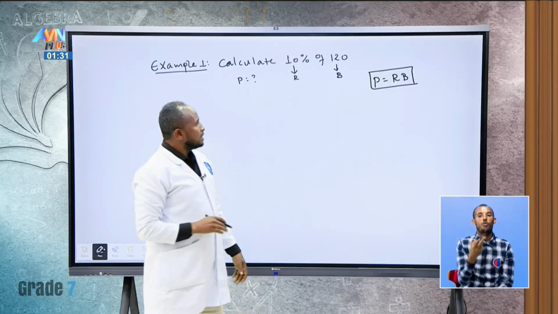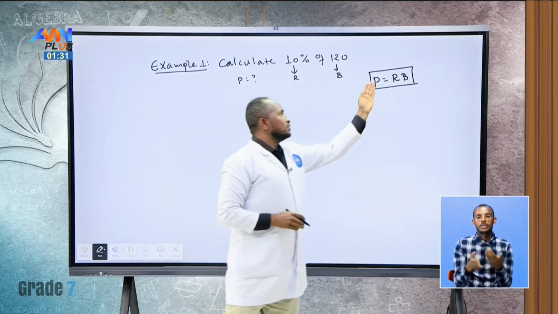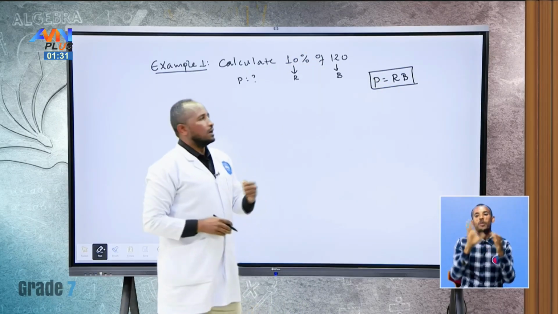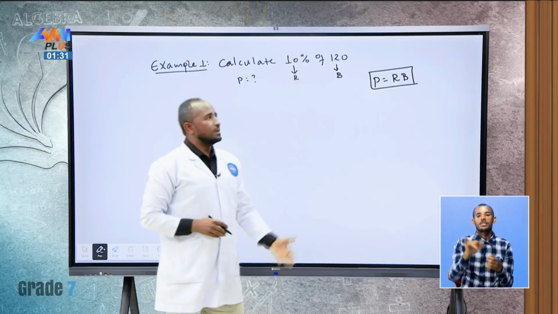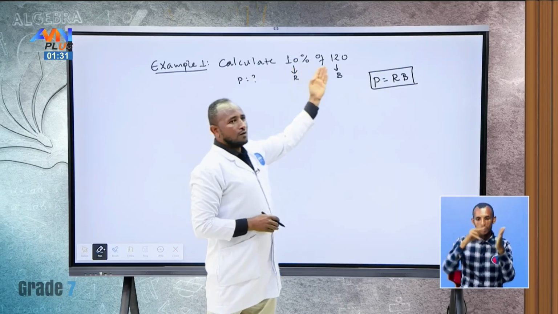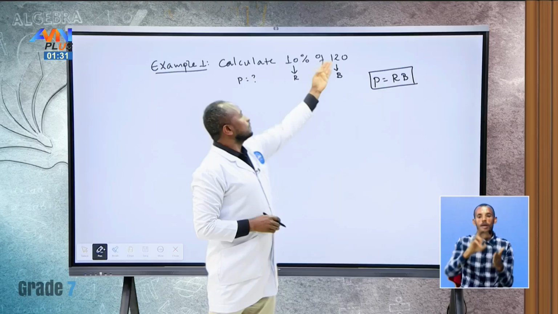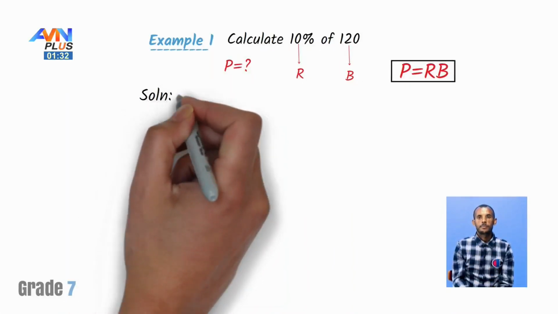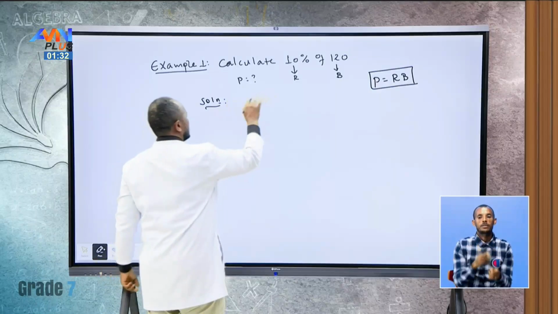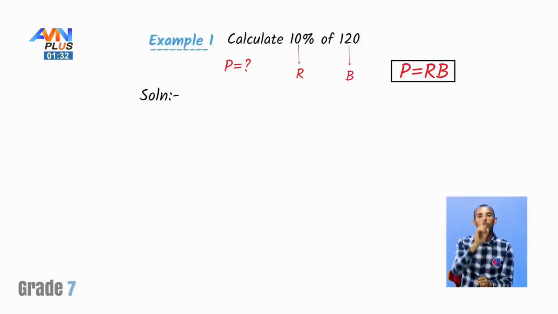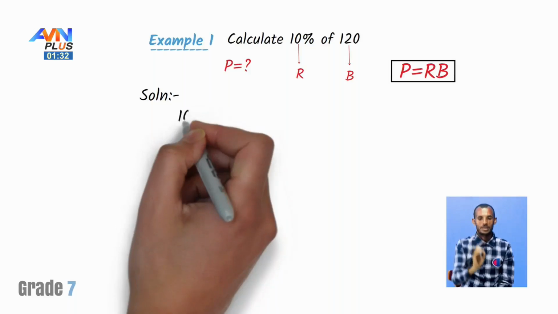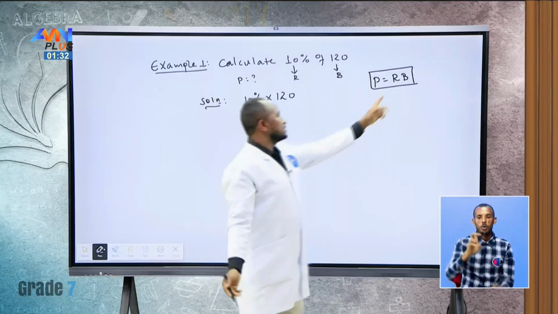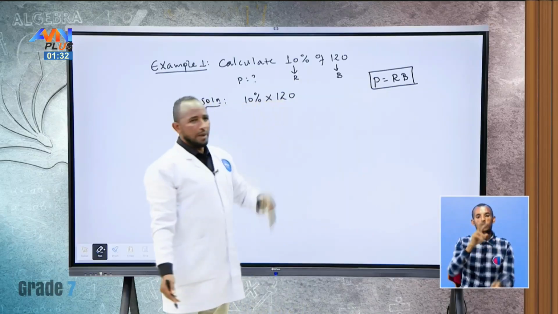Even without the formula, we can develop an equation from the sentence. Here it says 10% of 120 means it's simply the product of the two, rate times base.